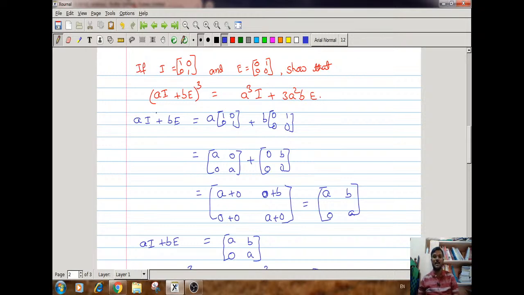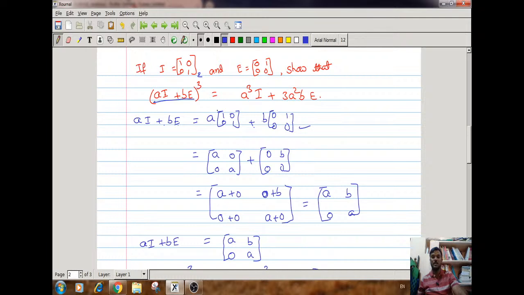Here let me take the LHS. In the LHS we have A·I + B·E, where I is the second order identity matrix [1 0; 0 1] plus B·E, where E they have mentioned as [0 1; 0 0].